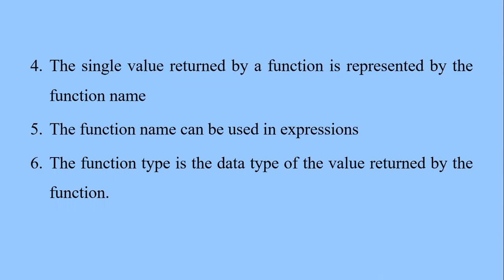So the type of the value returned by the function should be the same as the data type declared for the memory location that is going to hold the returned value.